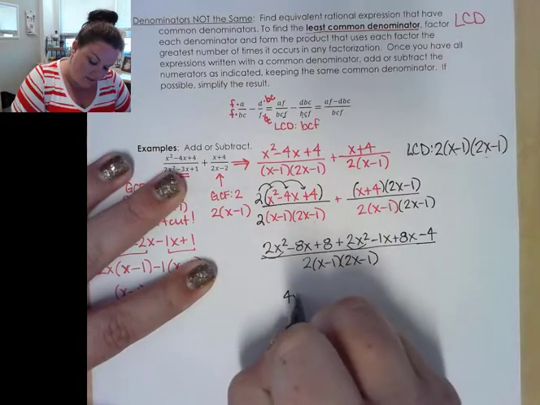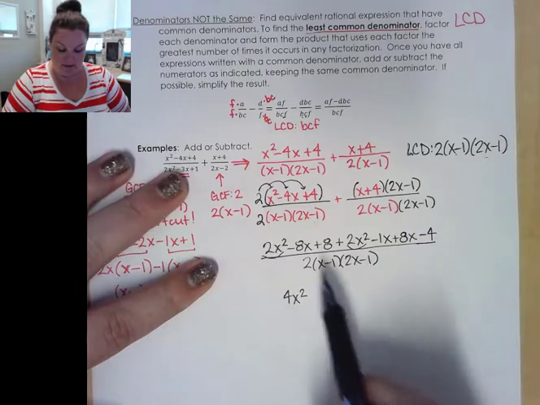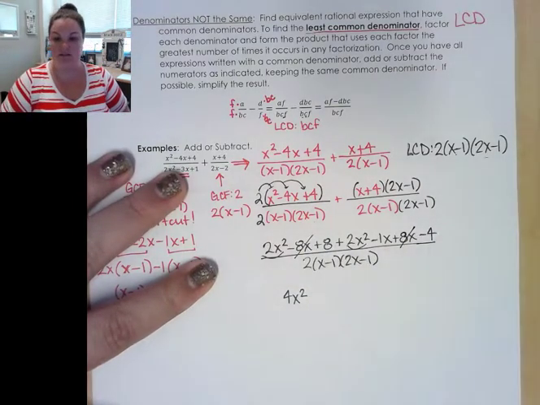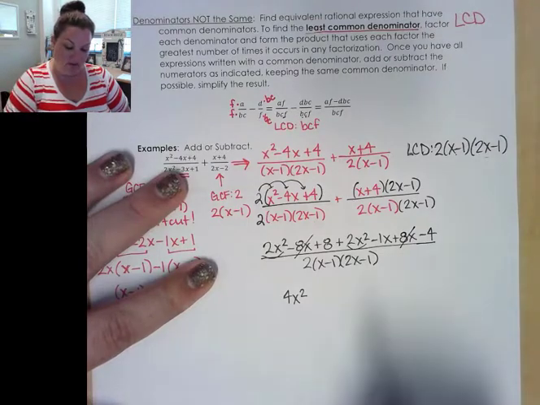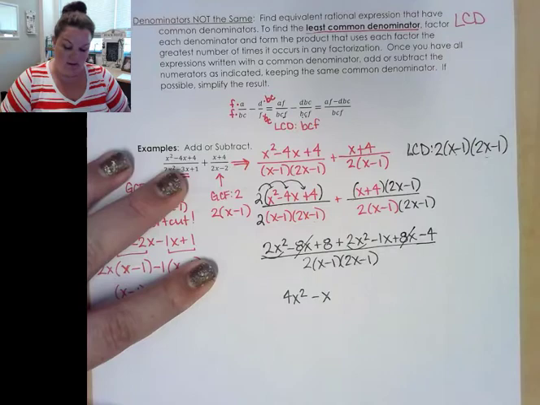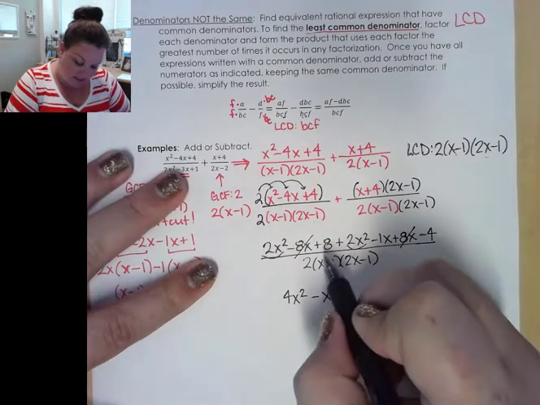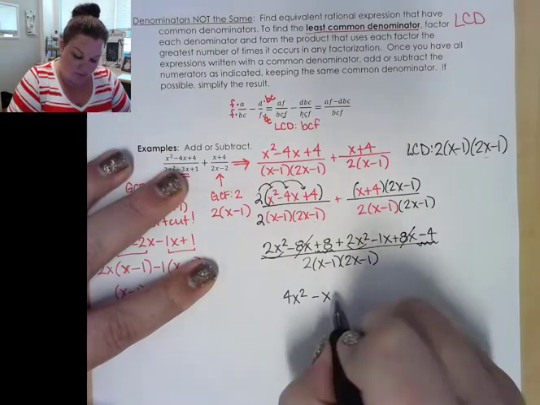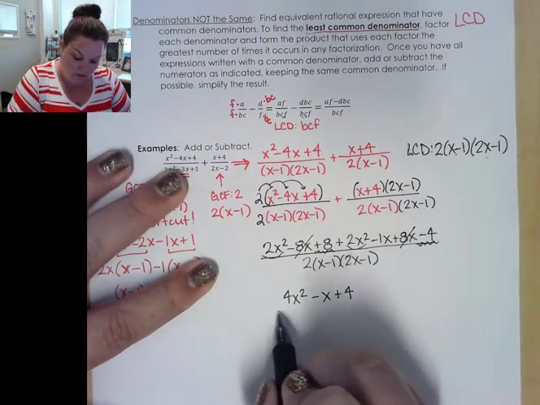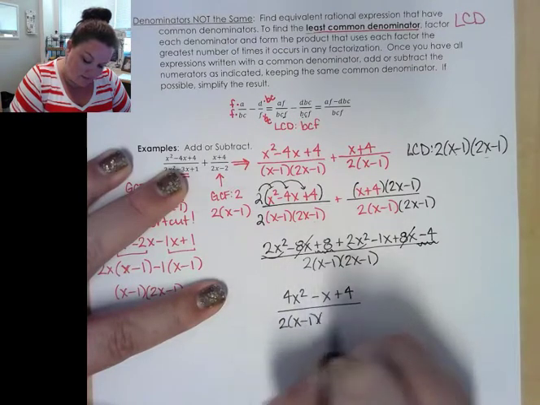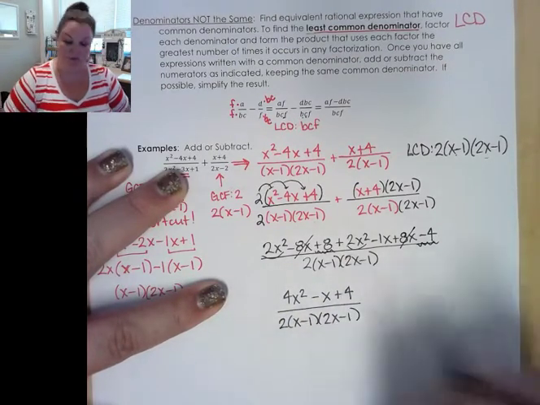Which gives me 4x squared. And then my x terms, I see a negative 8x and a positive 8x, so those just cancel. Oh, and then I still have another x, right? So negative x. And then my constant terms, I have a plus 8 and a minus 4. So that combines to a positive 4. All over my least common denominator, which is 2 times x minus 1 times 2x minus 1.